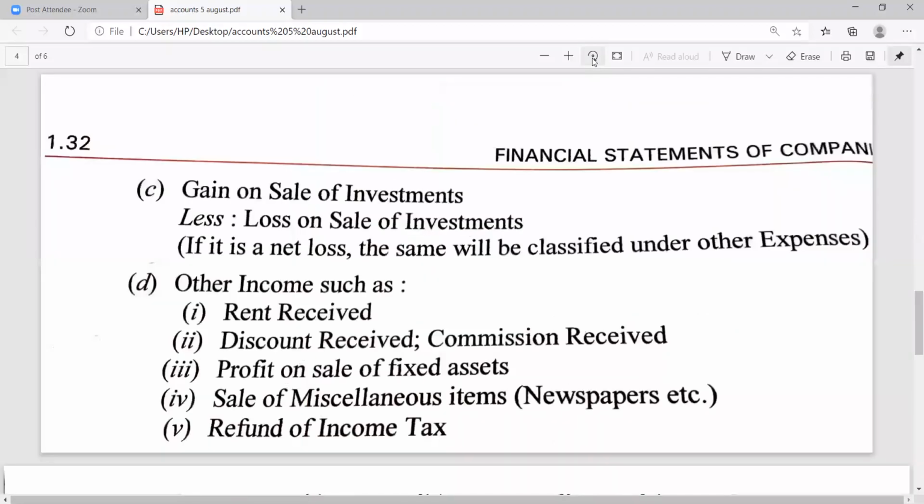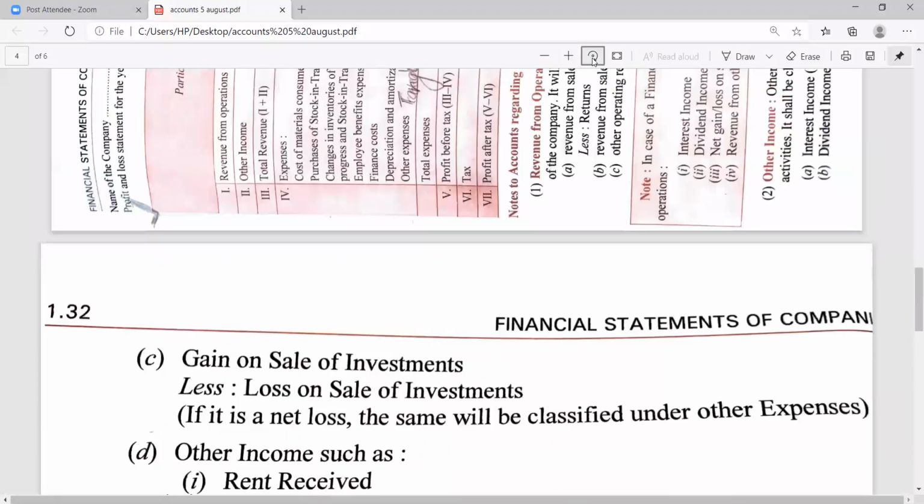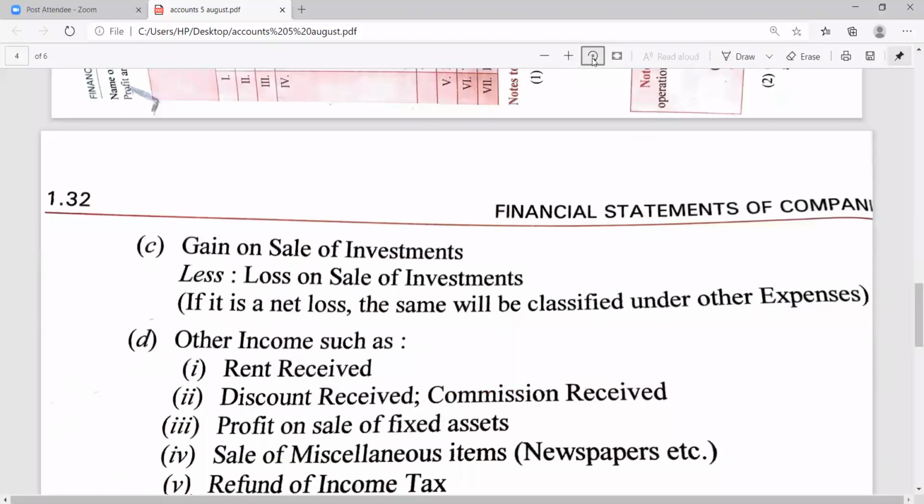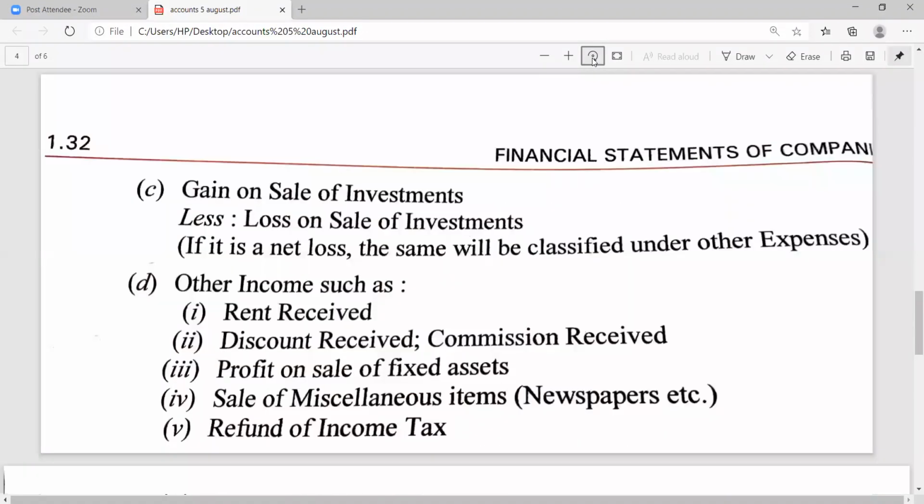After that, gain on sale of investment is to be shown, and if any loss on sale of investment is there, it is to be deducted out of the gain, because the net gain on sale of investment is to be shown in the statement of profit and loss.